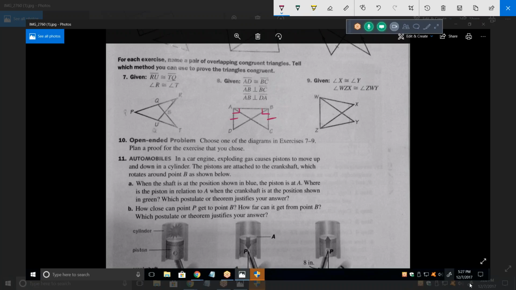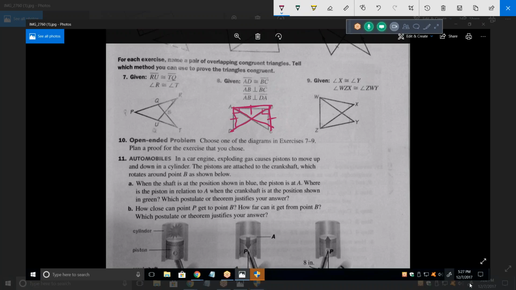What's the third side that we need to be the same? AB. Yes, AB is the third side to both of those triangles. In other words, one of the triangles is this one, the other triangle is this one, and we're trying to prove those congruent.